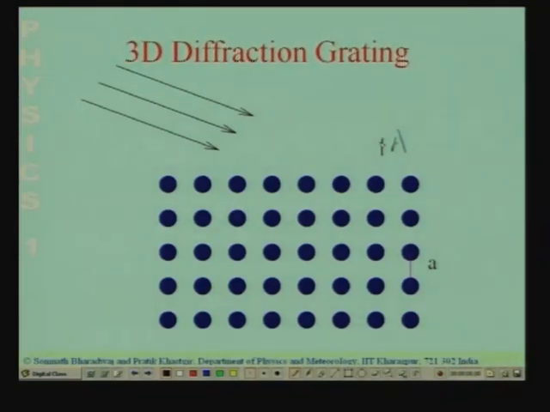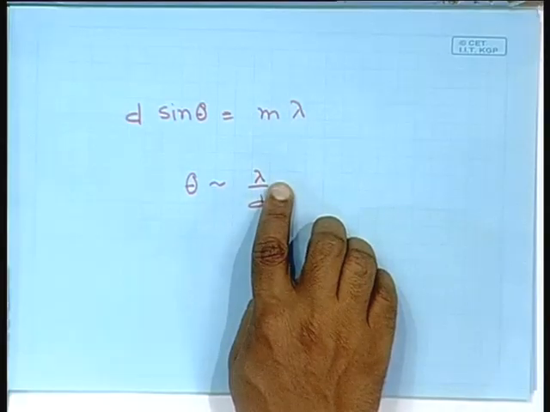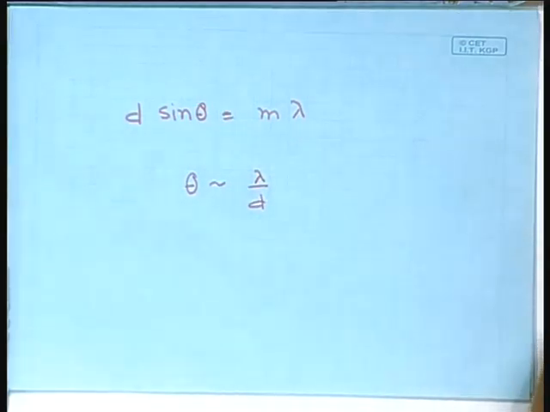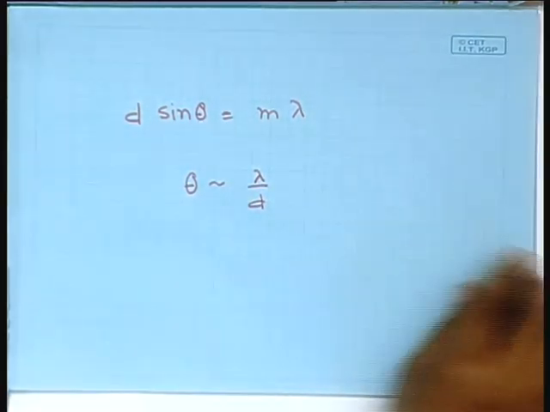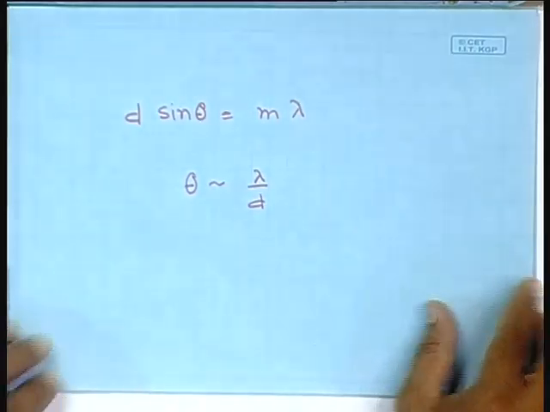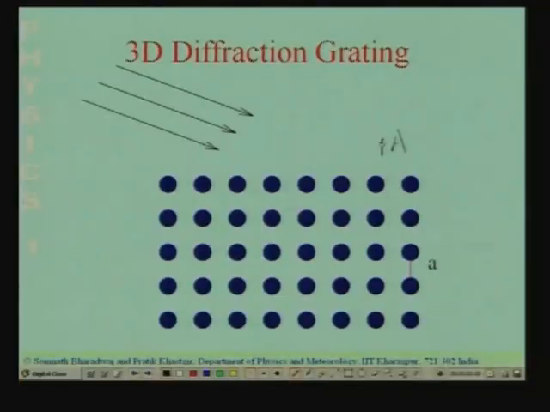What this tells us is that we have to consider some kind of radiation, some kind of wave, where the wavelength is of the order of 1 angstrom. We have discussed the electromagnetic spectrum, and we saw that 1 angstrom is X-ray.